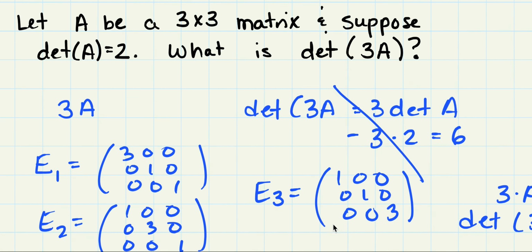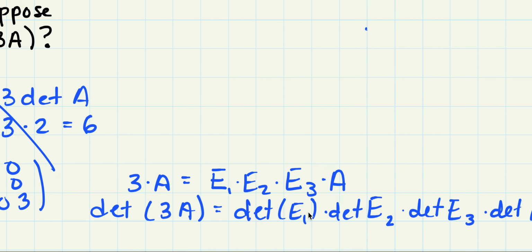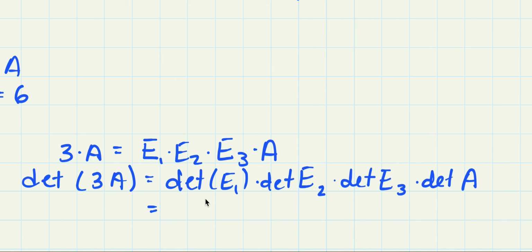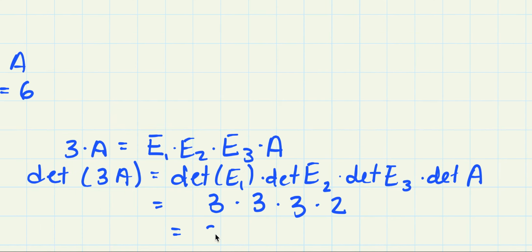And these matrices are type 2 elementary matrices. So what we get is 3 times 3 times 3 times 2, which is equal to 27 times 2, which is 54. I bet you weren't thinking that.